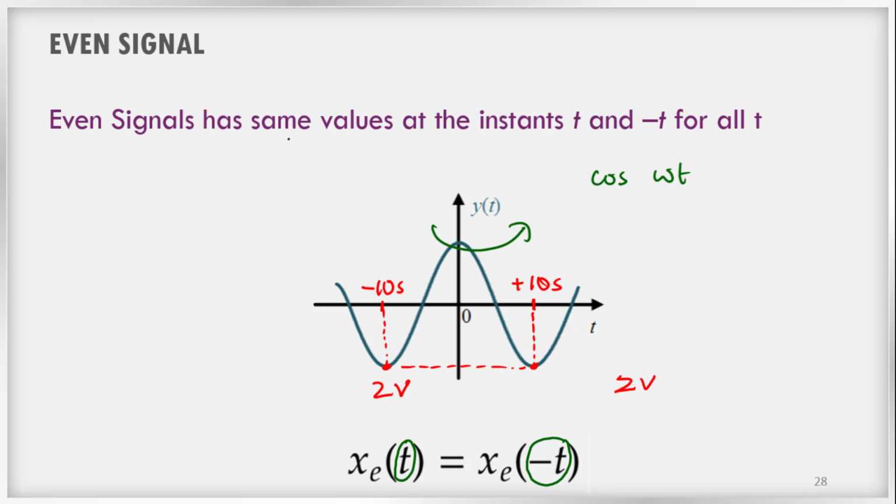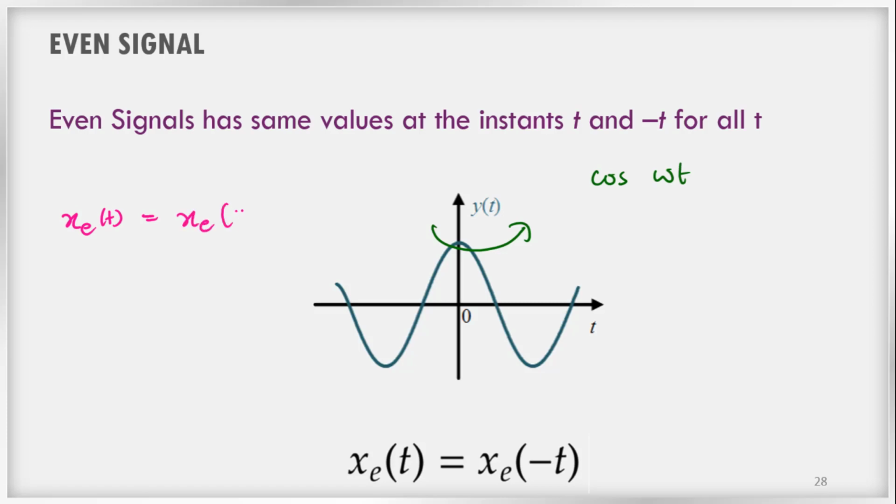Even signals has same values at time instances t and minus t. Because of that reason, we can write xe of t is equal to xe of minus t. What is meant by that? This represents the signal value.